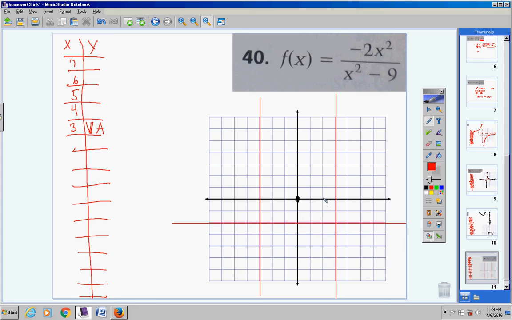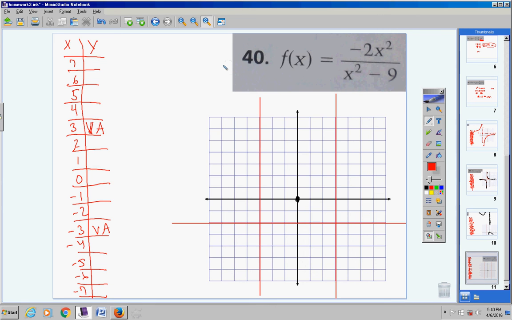So 2, 1, 0, negative 1, negative 2. And then my vertical asymptote is negative 3. Then continue on, negative 4, negative 5, negative 6, and negative 7. Alright, so now let's fill in this table of values.